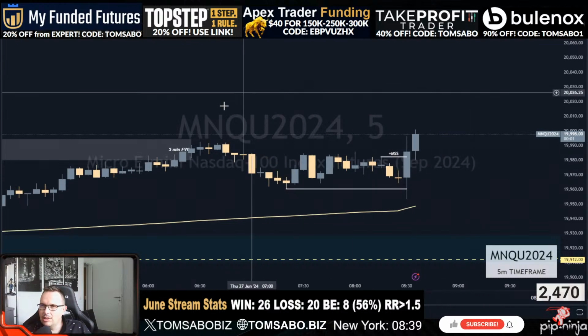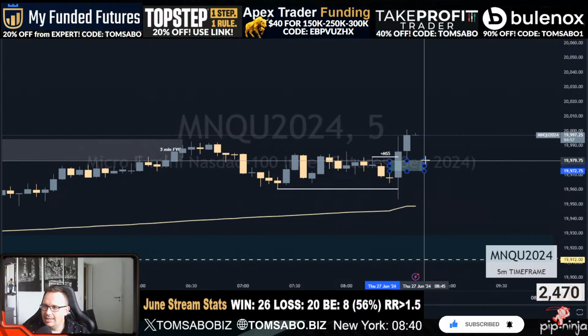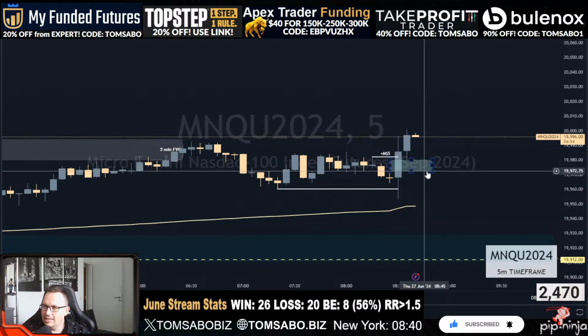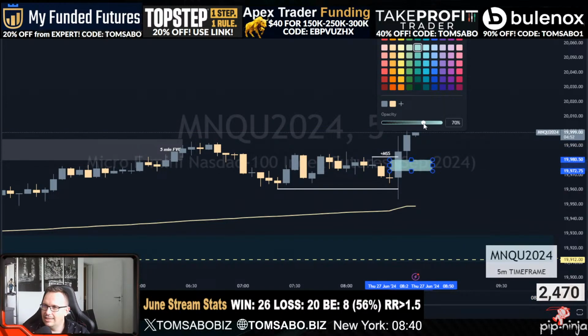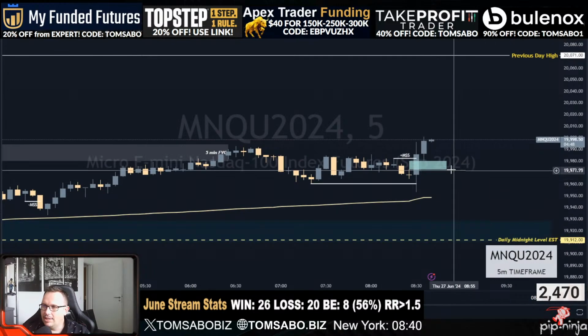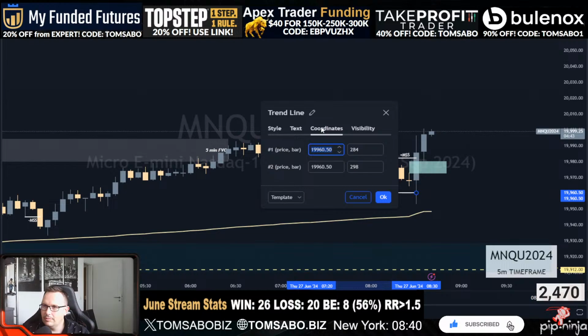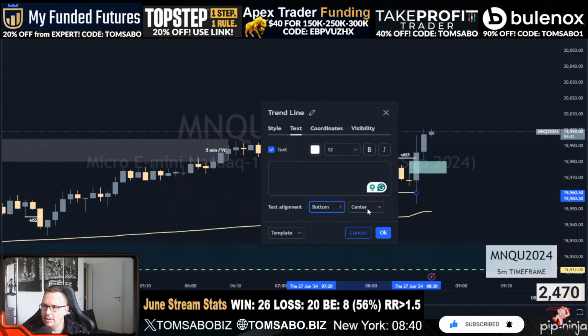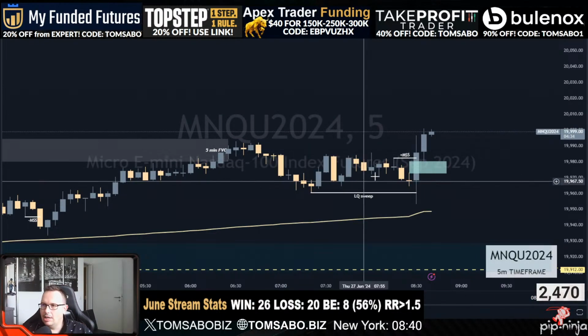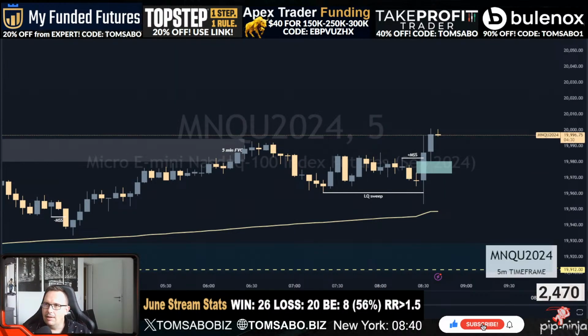This candle is closing right now, and that's it. So we have that fair value gap right there. We have a liquidity sweep. Okay. Liquidity sweep, market structure shift, bullish breaker. I have one of these things.